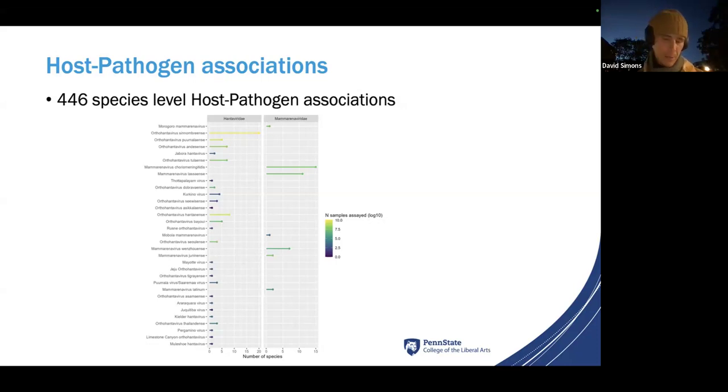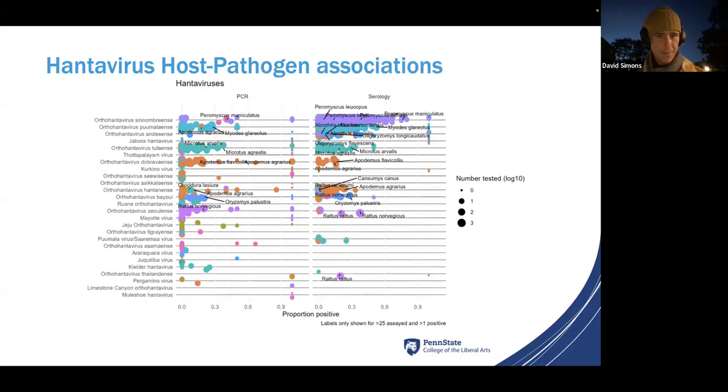It doesn't necessarily mean they're a host, obviously, but it does mean that maybe we want to think about the role that they may be playing in the maintenance of the pathogen among the host population. Similarly with ArHa, 12 to 14 different species have been detected. And the lighter colors are more samples assayed, so this is very skewed. Some pathogens have a huge amount of effort and others less.